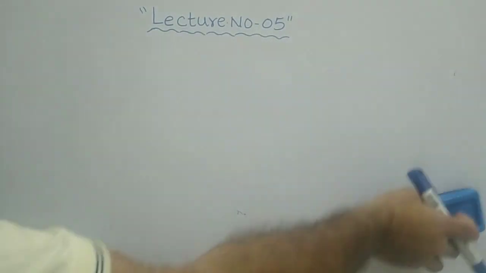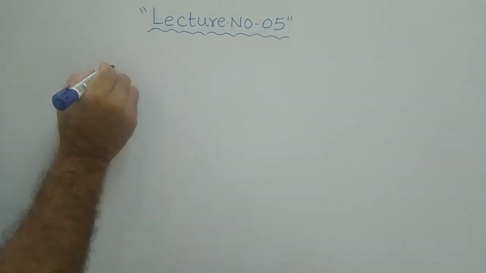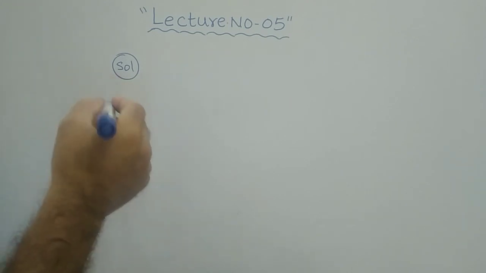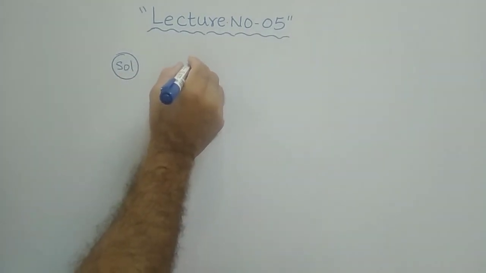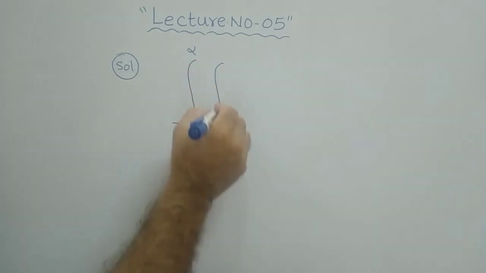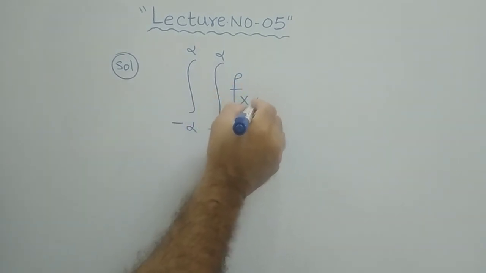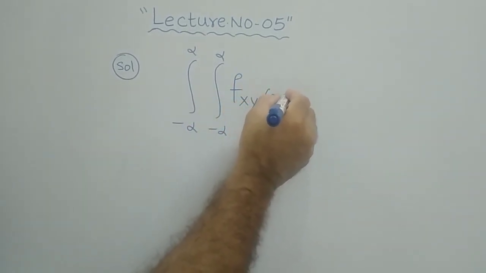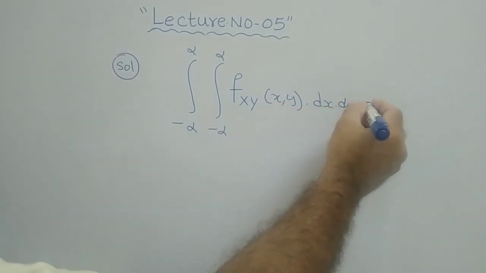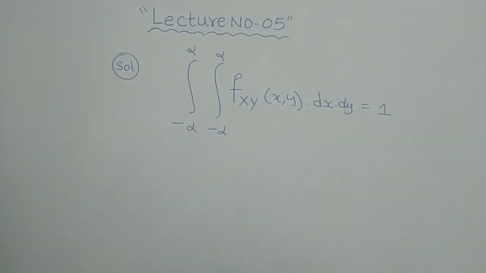We know the very important property of a density function: the integral from minus infinity to plus infinity, again minus infinity to plus infinity, of the joint PDF f of xy dx dy should be equal to 1.